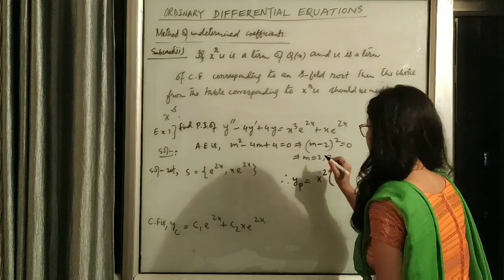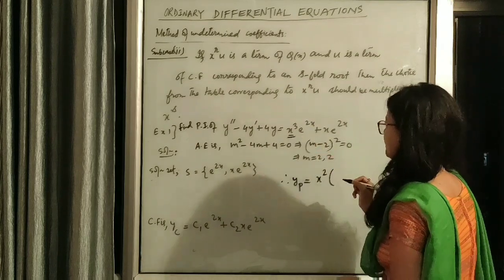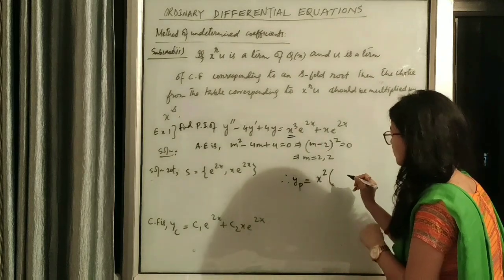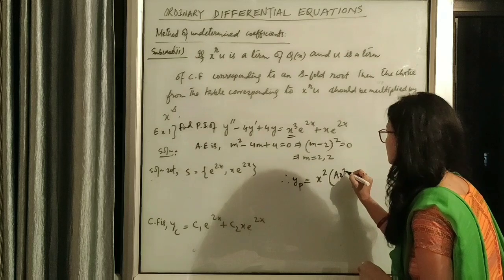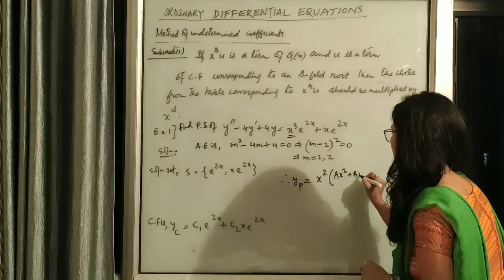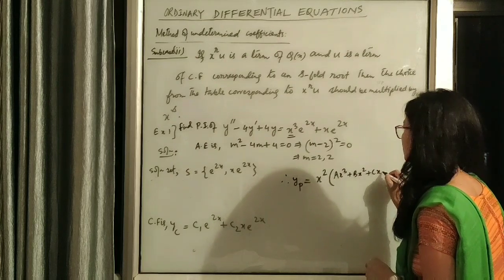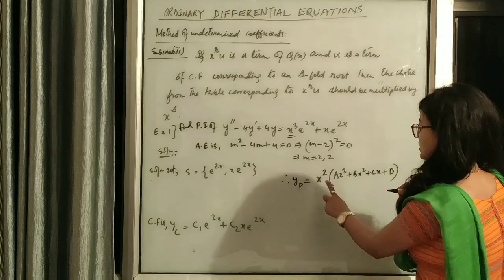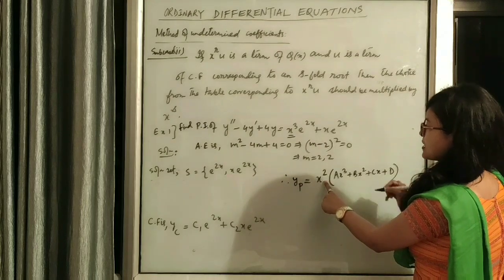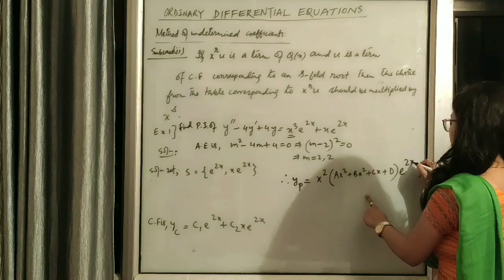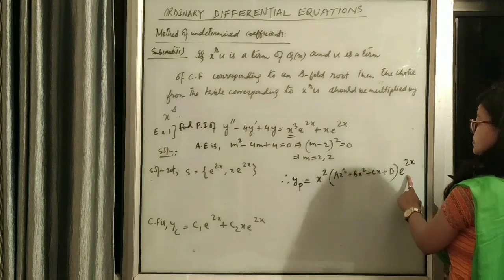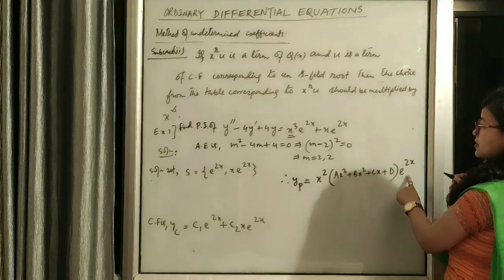Corresponding to x cube, we have to select a polynomial of third degree. This x square I have multiplied as this corresponds to the double root. For the exponential term, we need to multiply by e^(2x).